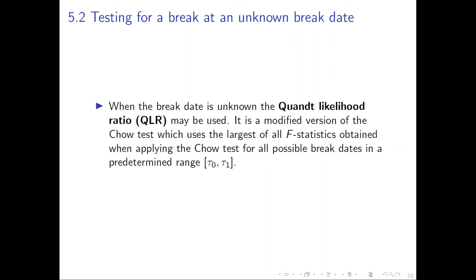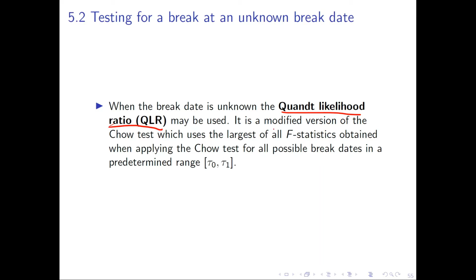If you do not have a certain date in which you know there should be a break, then you could test for a break in a certain time range. And this is calculated as the quant likelihood ratio.